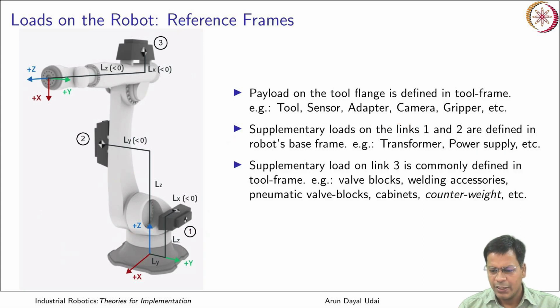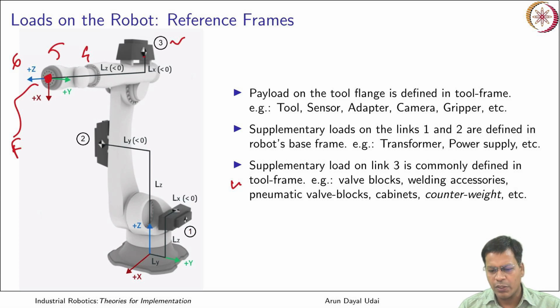Link 3 is commonly defined in the tool frame, because it moves along with this link that includes axes 4, 5 and 6. Whatever comes on link 3 is defined with respect to the frame that comes here, that is the tool frame.